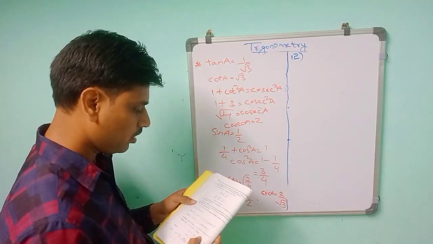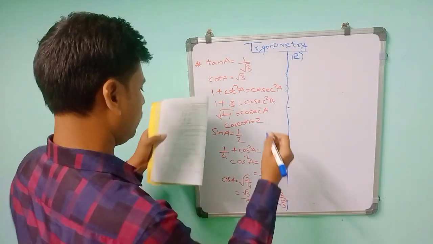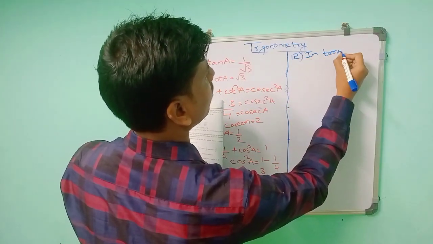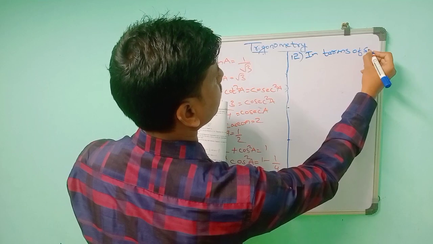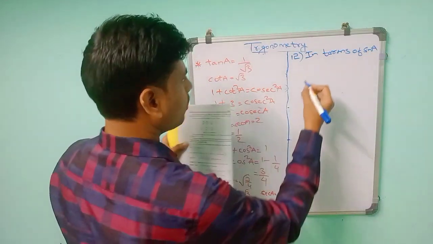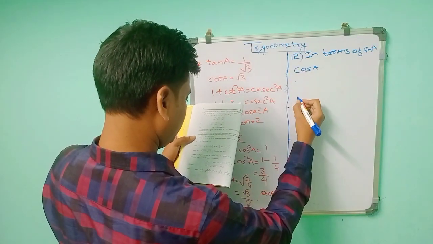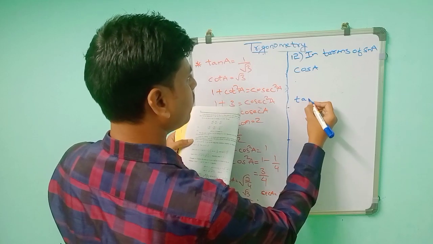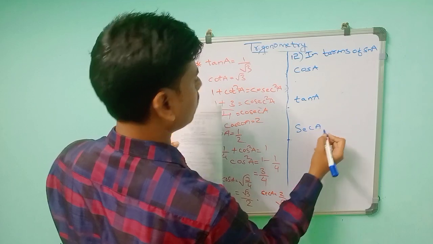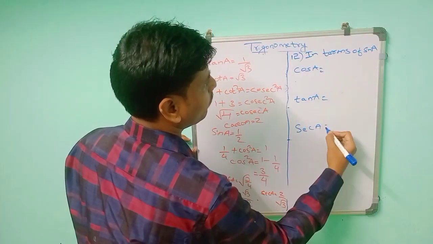What they have given: cos A in terms of sin A. For all those values, you have to write in terms of sin A. So the values are cos A, tan A, and the last one, sec A. You have to write these in terms of sin A.